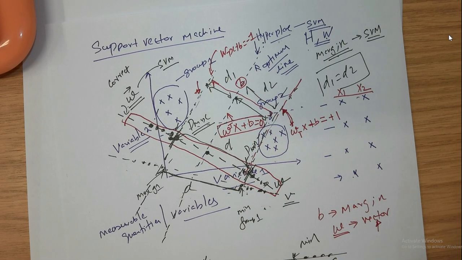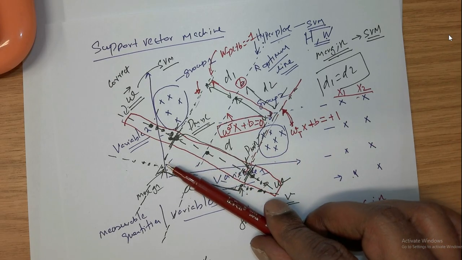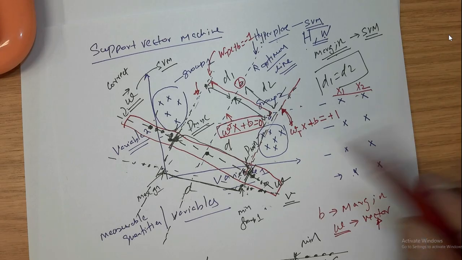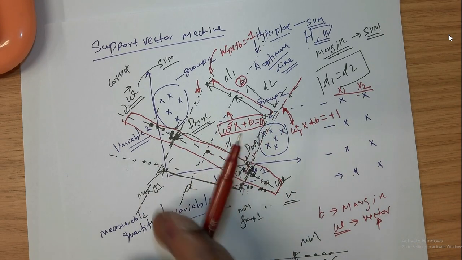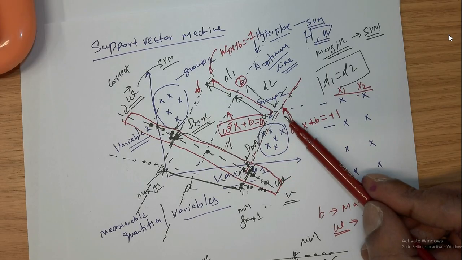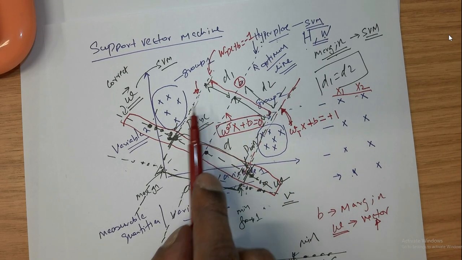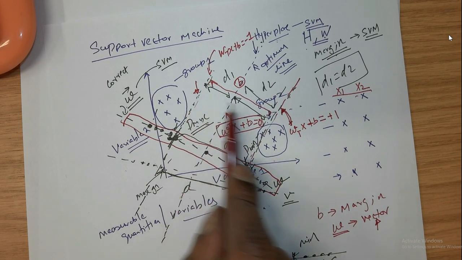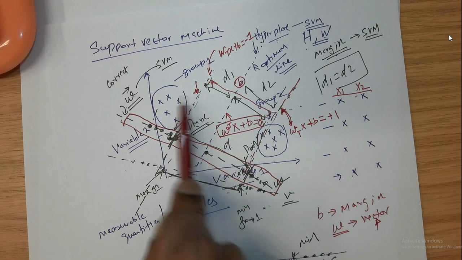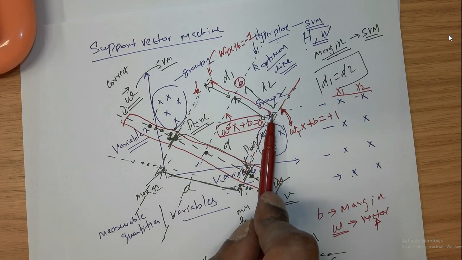This should be enough for the moment, and then you will learn this algorithm by solving a problem, and we will also do some derivations. We already know the equations for two of the support vectors, so we will calculate the distance between these two vectors, which is called the margin. I will explain how to do that.